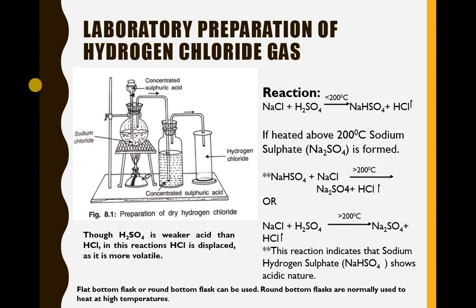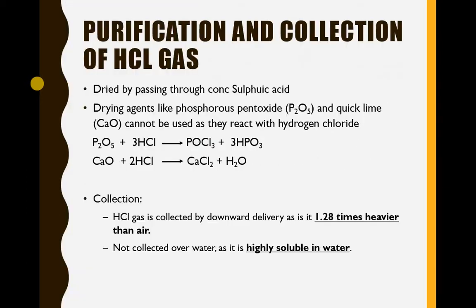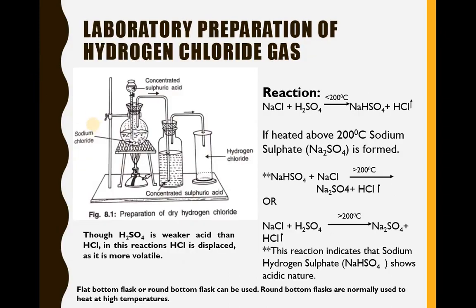Temperature should be maintained at nearly 200 degrees Celsius, because at higher temperature, that is above 200 degrees Celsius, you can see here there is a formation of sodium sulfate. Above 200 degrees Celsius, more fuel is wasted, because you can get the same product at lower temperature.